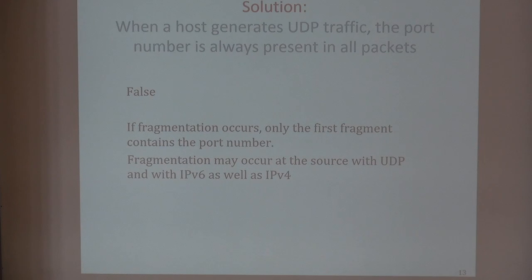The other fragments will not be killed. If you look at the port number, you will find a number in the UDP space, but it will be just random bits, so chances are you will not kill the other packets. But if you kill the first fragment, then it's like killing the entire packet. You will still transmit the following fragments, but not that one. So fragmentation is not desirable, right?